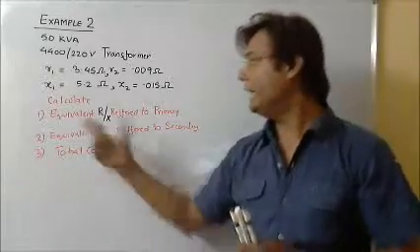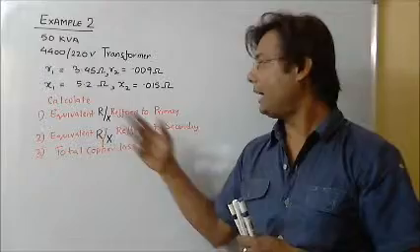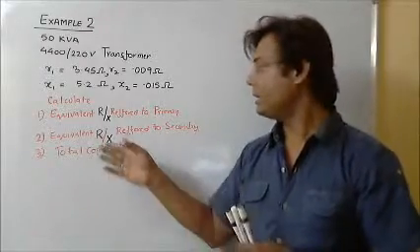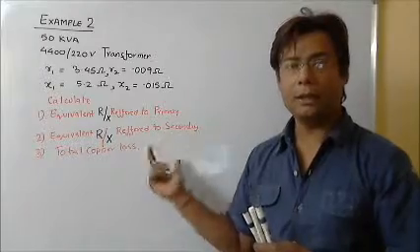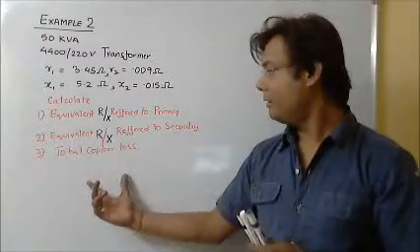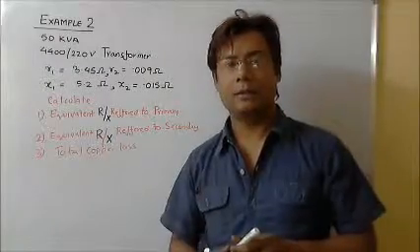We have to calculate the equivalent resistance and reactance referred to the primary. In the same way, we have to find the resistance and reactance referred to the secondary and the total copper loss. We have seen the formula for this earlier.